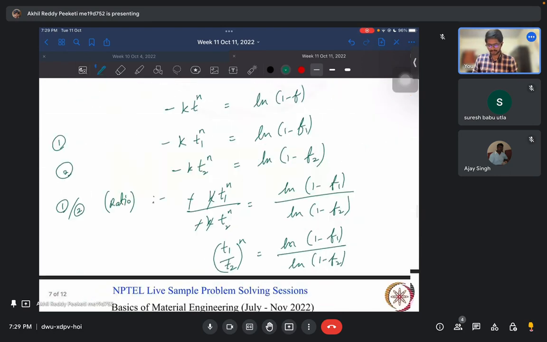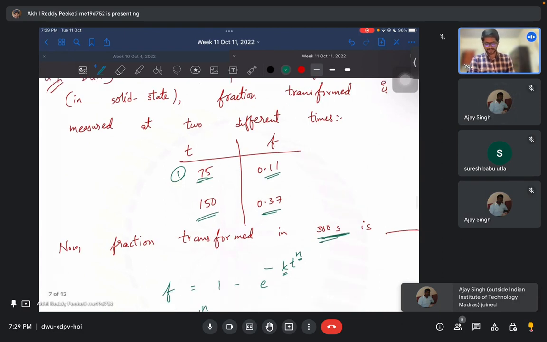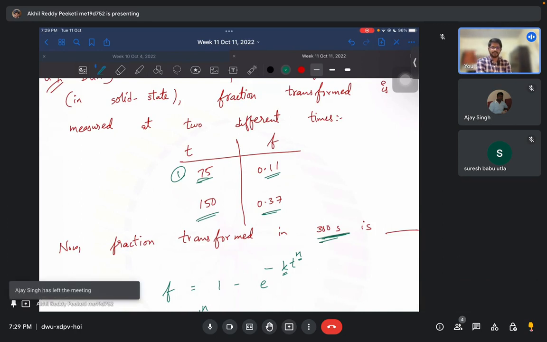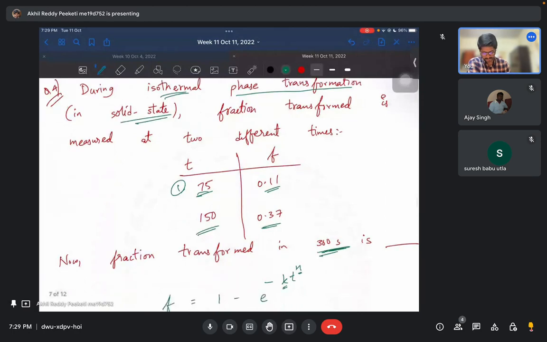So this way, if you are given any two different times, we can estimate the fraction transformed at any other time. We can first estimate the constants in the equation, and then the fraction at a different time. Okay, so this is for isothermal phase transformation. This equation you can use.